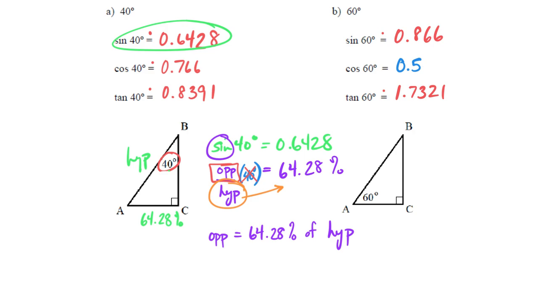So if I just made really round numbers, if my hypotenuse was 100 units long, then my opposite side has to be 64.28 units long.